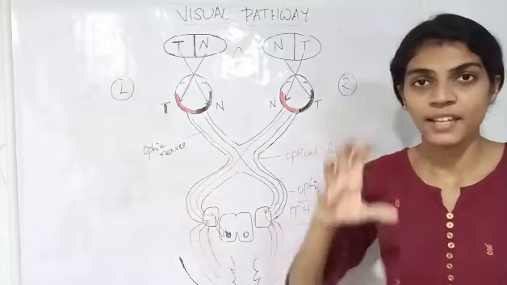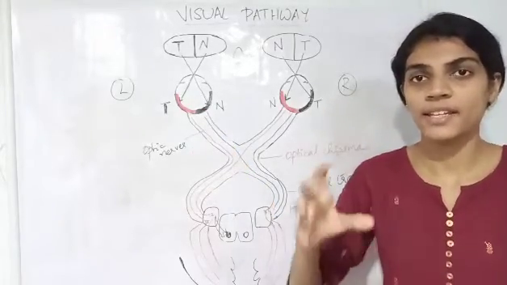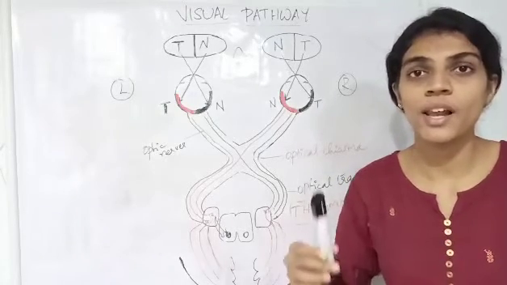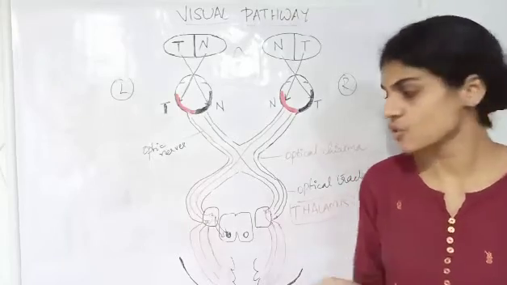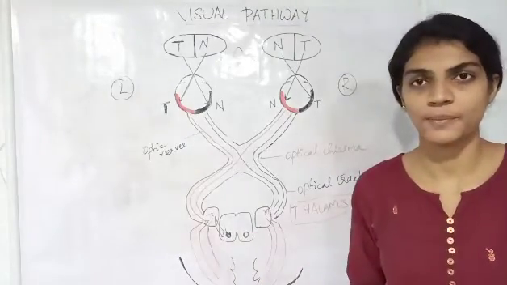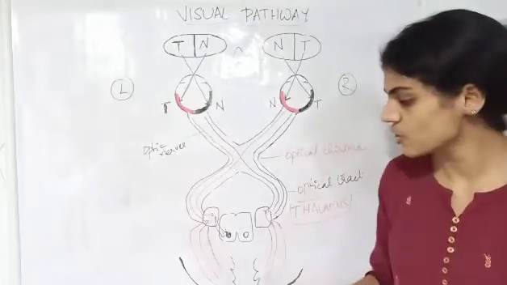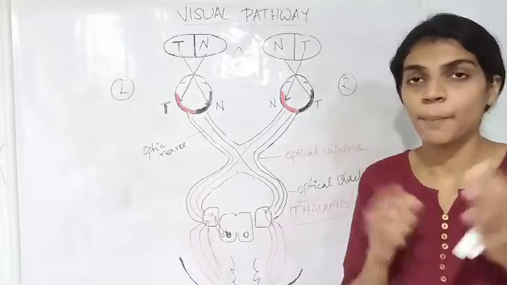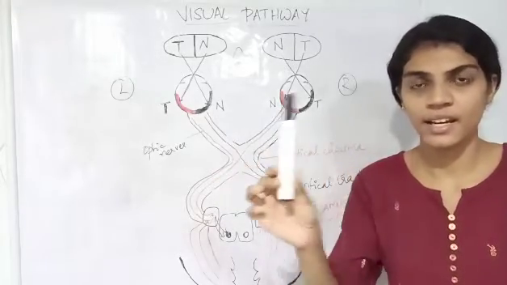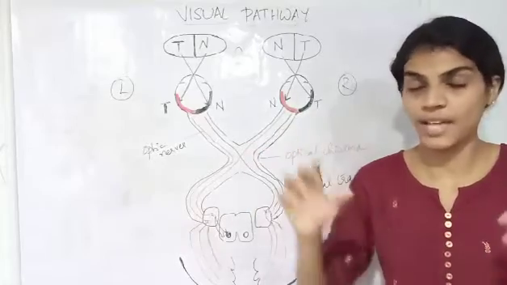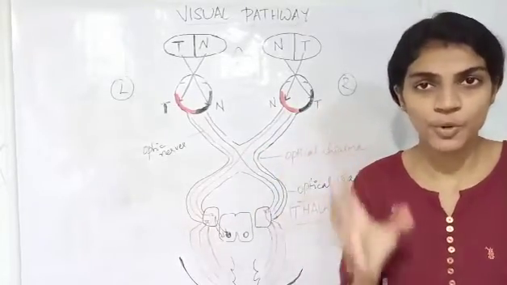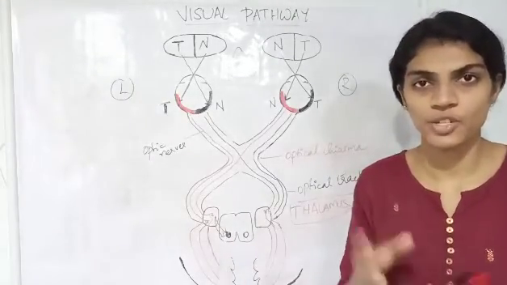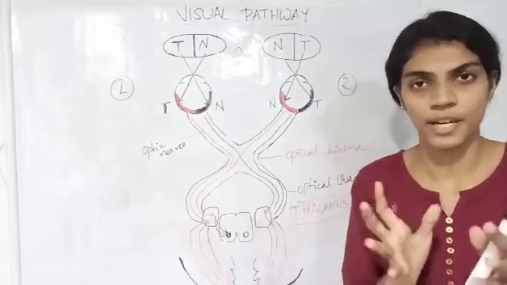That reflex head and eyeball movement in response to a visual stimulus is produced by the superior colliculus. Vision is produced in the occipital lobe, but the head and eye movement depending on the visual signal is produced with the help of the superior colliculus nucleus in the midbrain region.